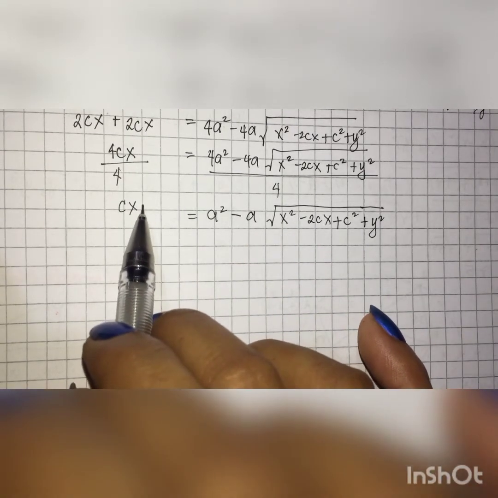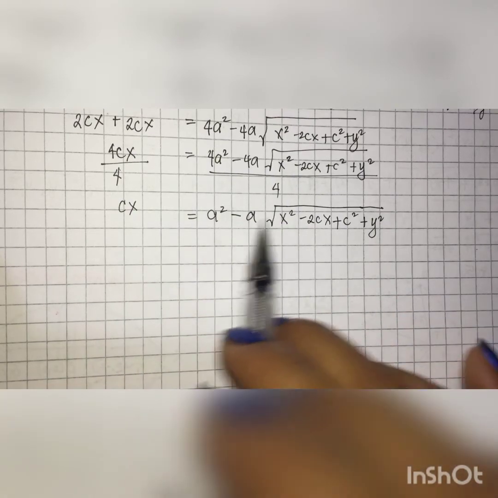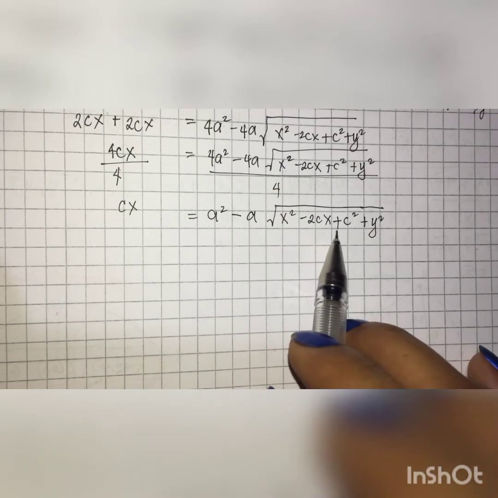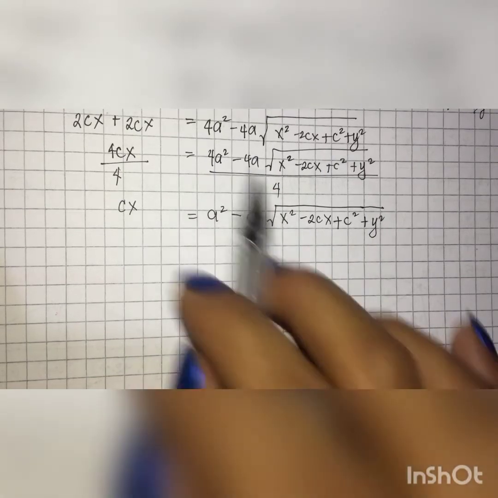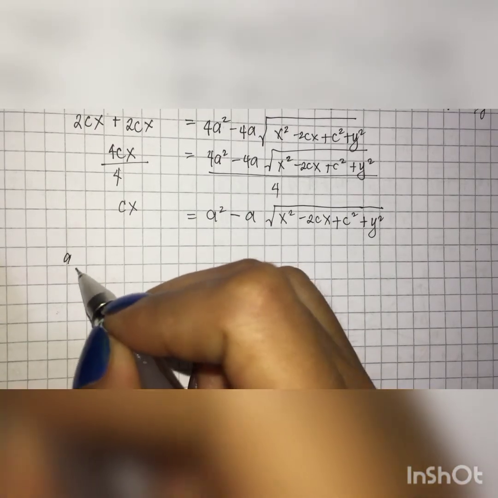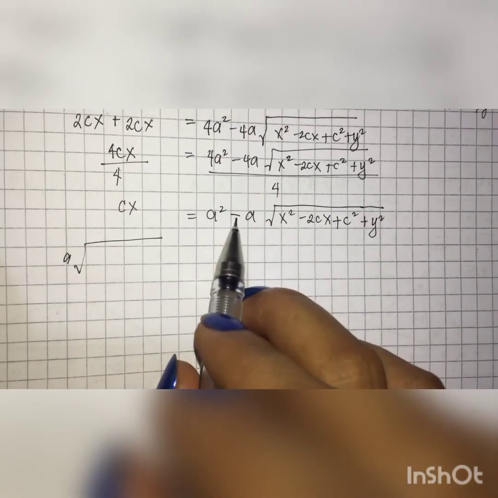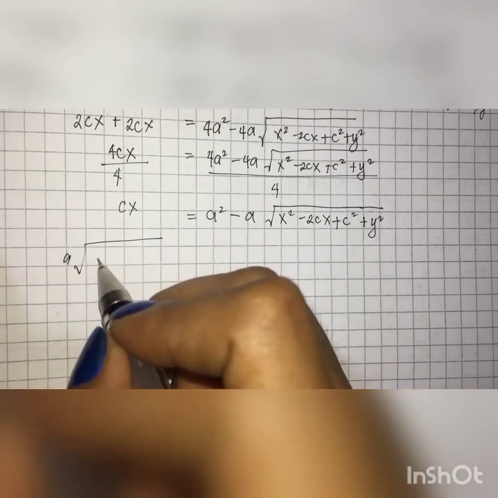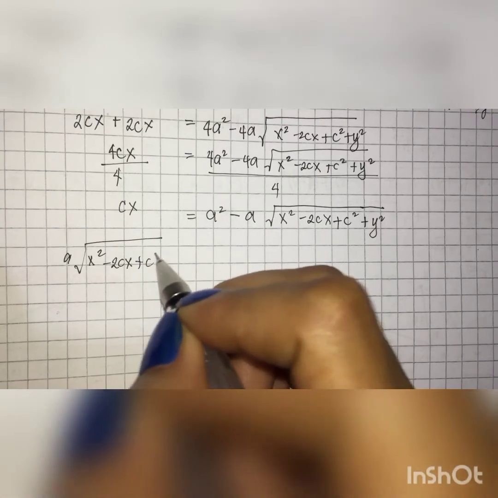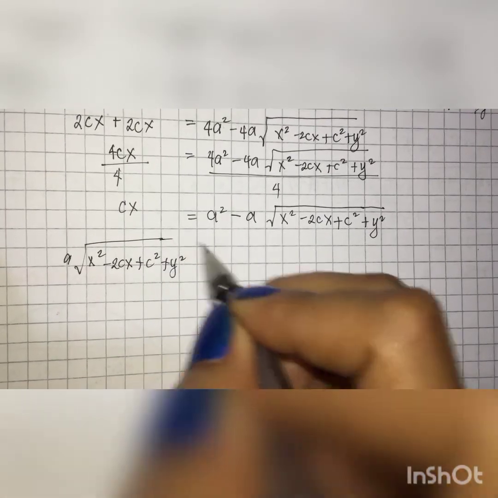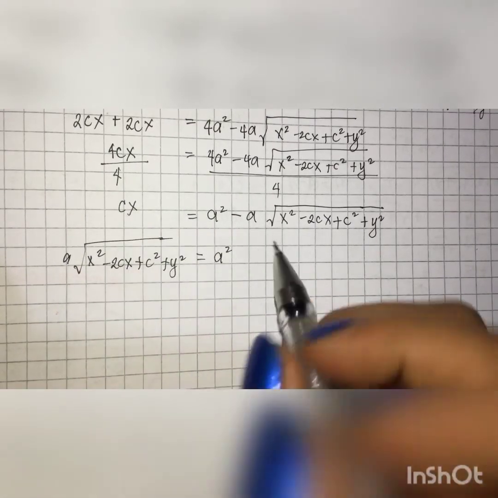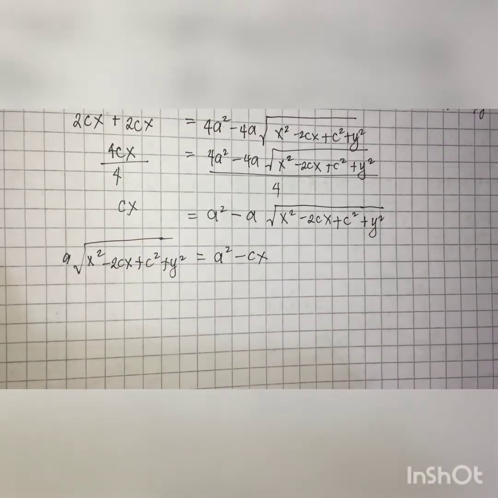Let us transpose cx to the other side, and then this negative a times the square root of x squared minus 2cx plus c squared plus y squared to the other side. So we have a times the square root of, negative becomes positive, x squared minus 2cx plus c squared plus y squared, which is equal to a squared, positive becomes negative, so minus cx.